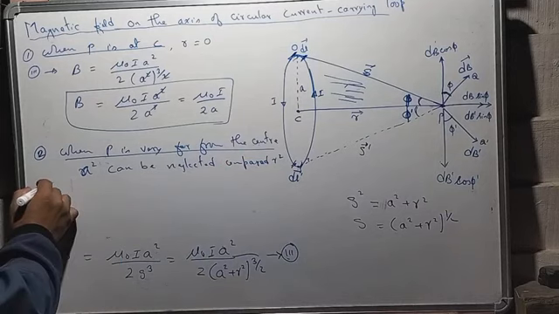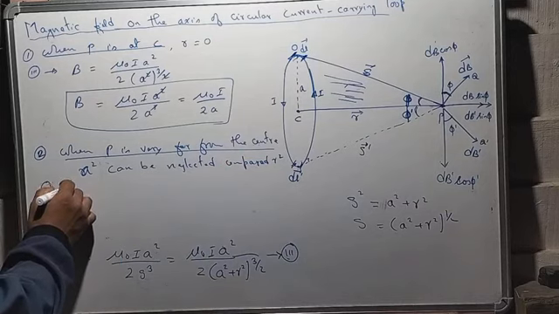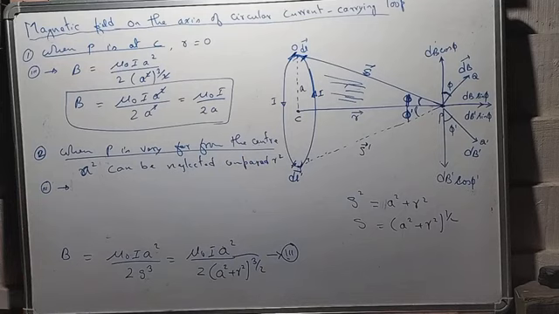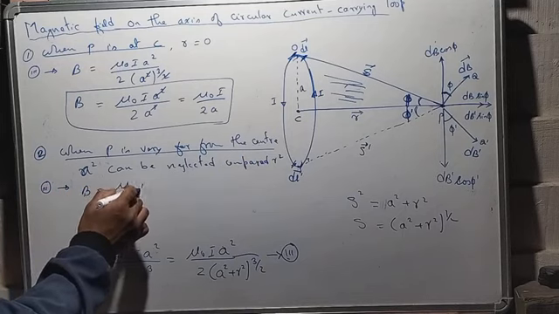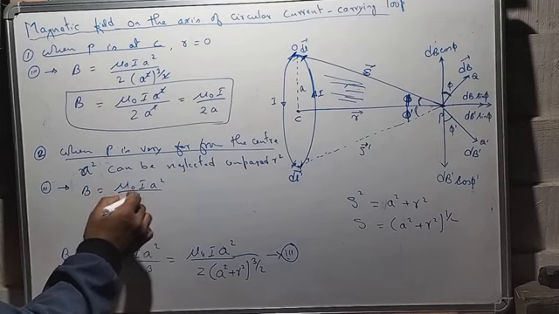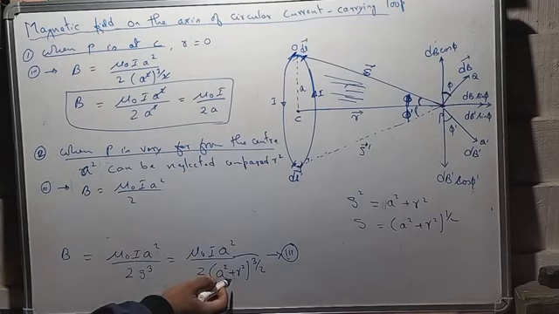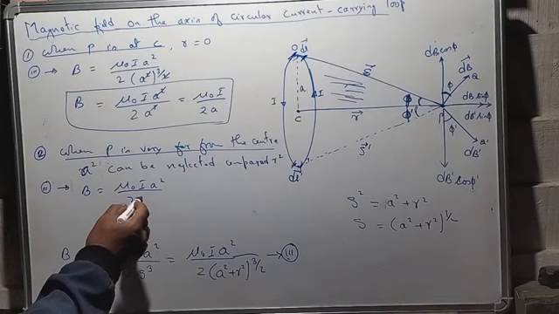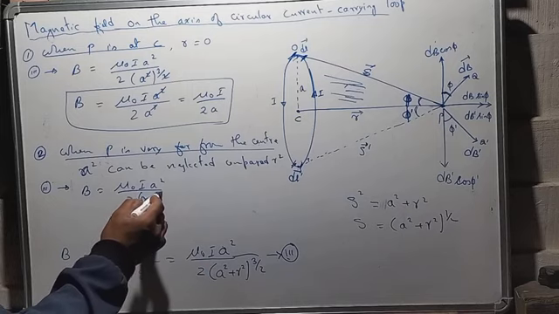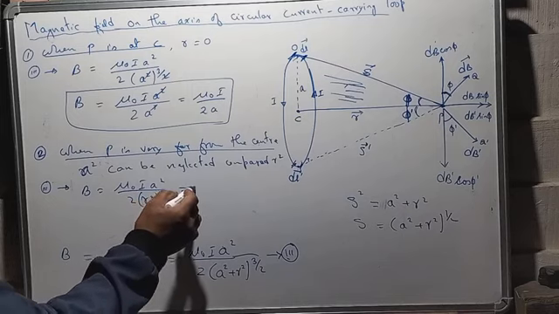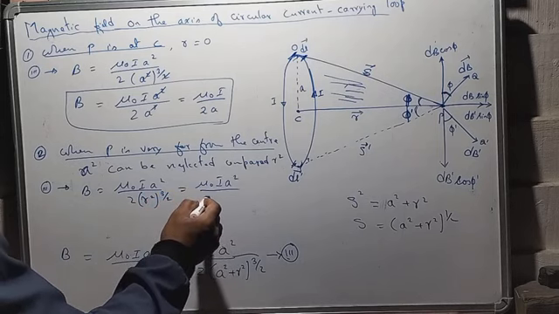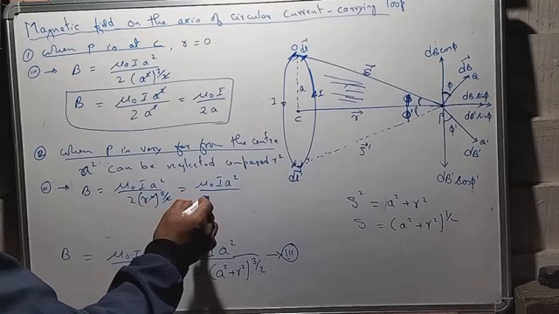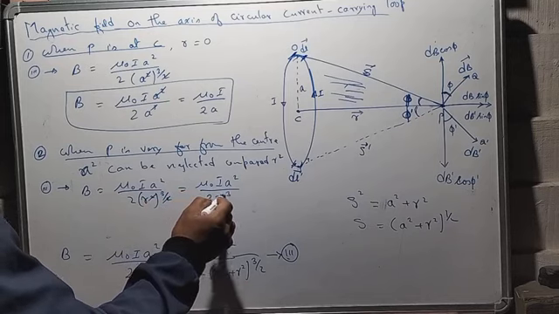Therefore, if you neglect this A square compared to R square, equation 3 becomes B equal to mu naught I A square upon 2. Now you have neglected this A square, so you'll get only R square to the power 3 upon 2, which means mu naught I A square upon 2R cubed, where the squares cancel.